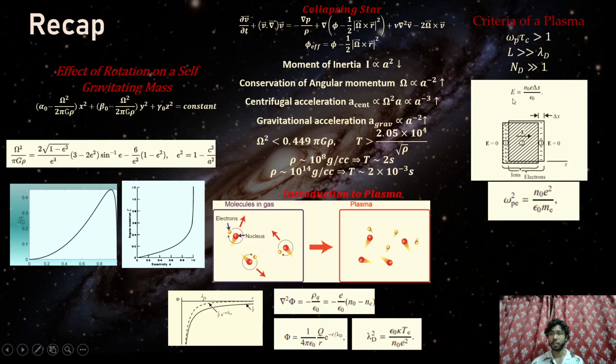So force is q times E, right? And from there, the frequency of oscillation could be estimated in this form. So these are the criteria of the plasma, which is that omega p tau c should be greater than 1, L, the length of the system, should be much greater than the Debye length, and the number of particles inside the Debye volume should be much greater than 1. And we actually physically motivated each of these conditions in the previous week, right?